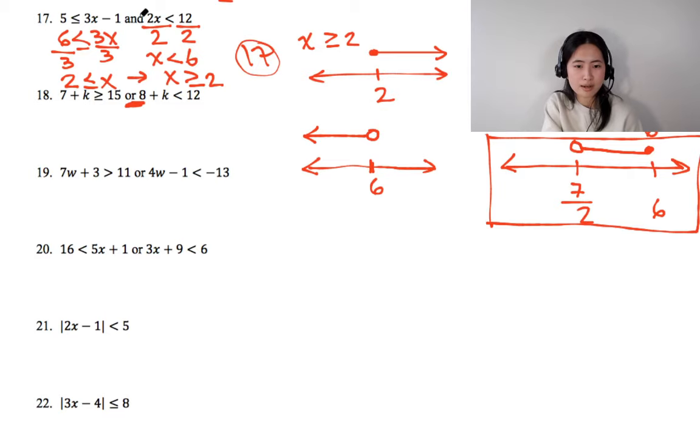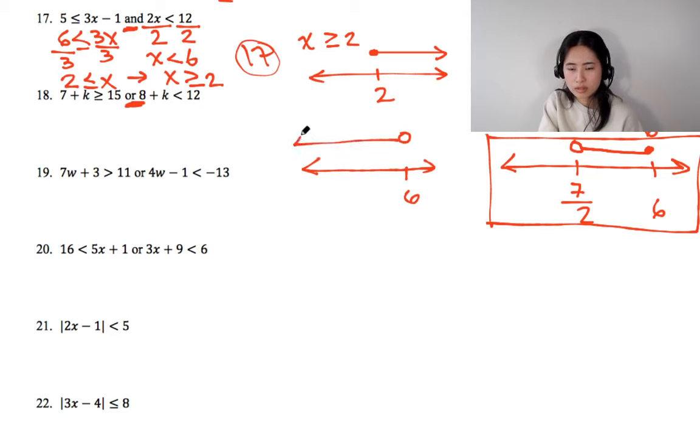Okay, so remember what I said, because you're looking for "and," that means you're going to just find the overlap, right? I think I drew this too close. Sorry, let me just move the 6. Okay, right here. Can you see that? So there's an overlap between 2 and 6 right there.